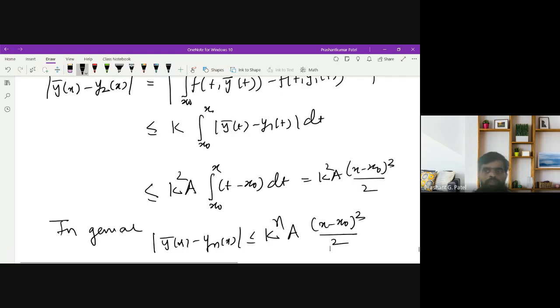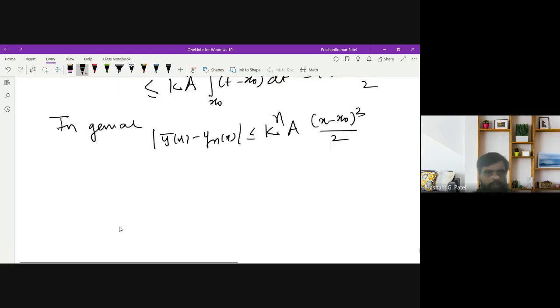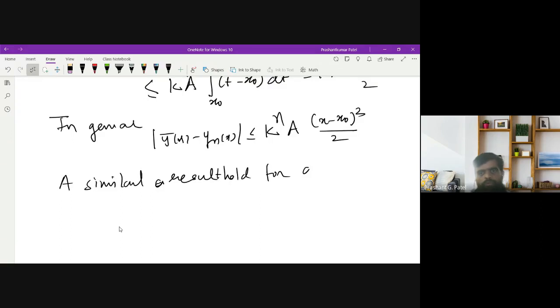A similar argument can be written, and a similar result holds for x belonging to a to x0.